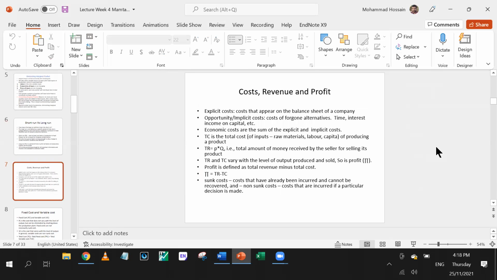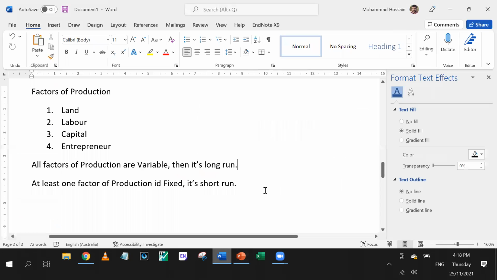All right. Now, in economics, we have different types of profit. In accounting profit and economic profit, I will show you the difference between these two. What is accounting profit and what is economic profit?